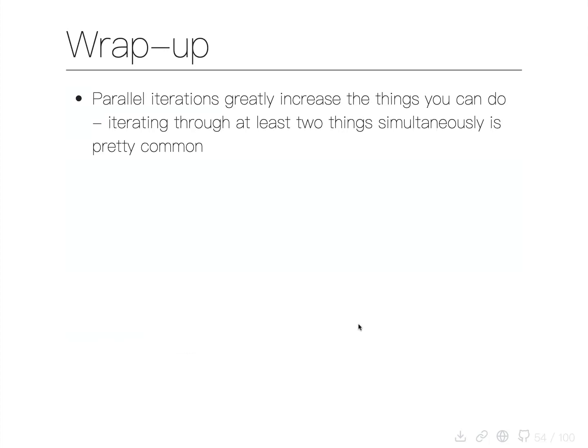Parallel iterations really increase the number of things that you can do, right? I would say iterating over two things is really common. I probably use map2 almost as much as I use map, right? I use it a lot. Pmap, I don't use nearly as frequently.